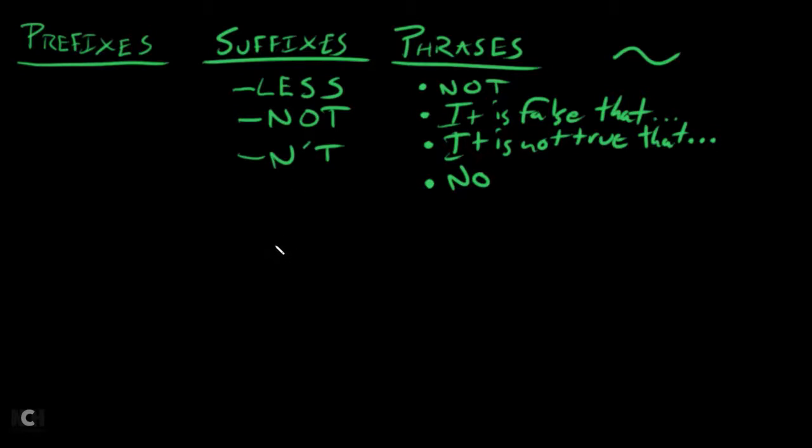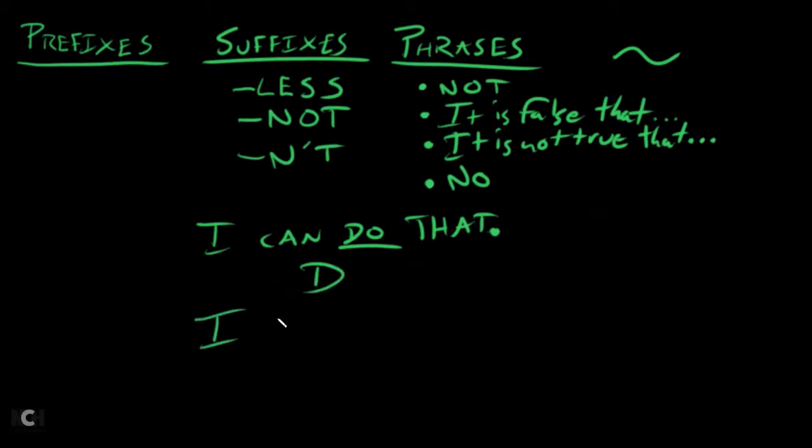Let's take this: I can do that. No negation here. If I can say I can do that, that's D. But here's where the word not is itself a suffix. I can say I cannot. One word, I cannot do that.